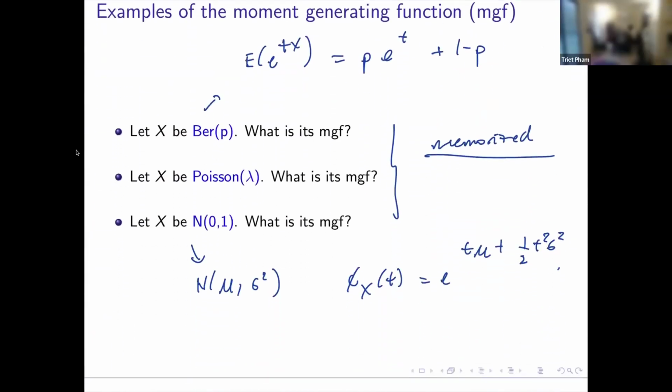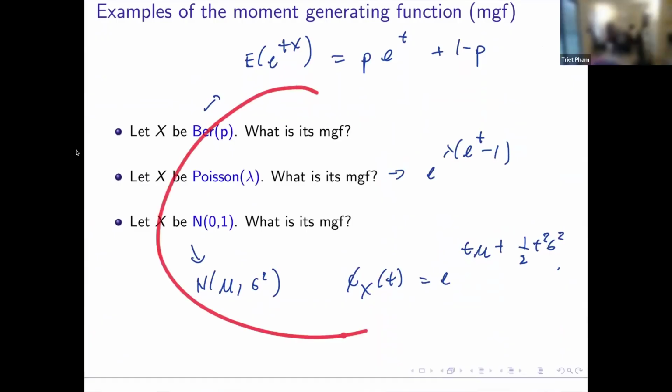So the Poisson MGF is e to the lambda times (e to the t minus 1). Okay. So this we've done through calculation just to show you the calculation process.